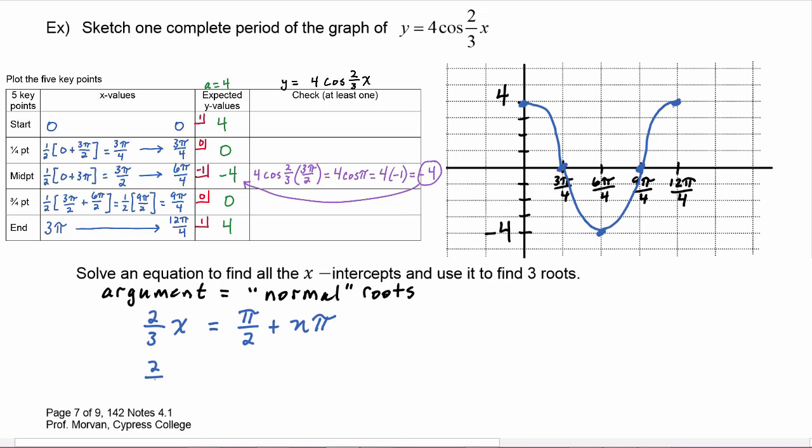So this becomes 2/3 x is equal to, now we know our common denominator is 2, so we have pi plus, we know that for this to have a denominator of 2, we have to multiply it times 2 over 2, and so it becomes 2n pi.